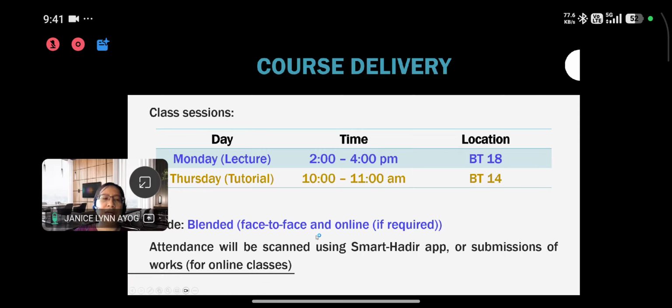If we do face-to-face, then your attendance will be scanned using Smart Hadir. But if it's online class, like today, your attendance will be based on your submission of works. We're going to cover chapter 1 today. At the end of chapter 1, or lecture 1, there will be 2 practice questions that you have to do, which you have to submit for your attendance.